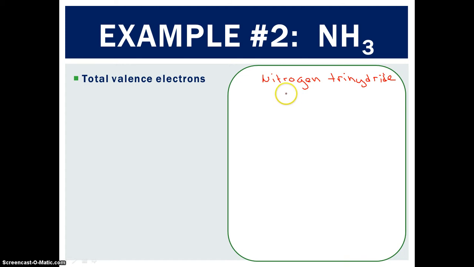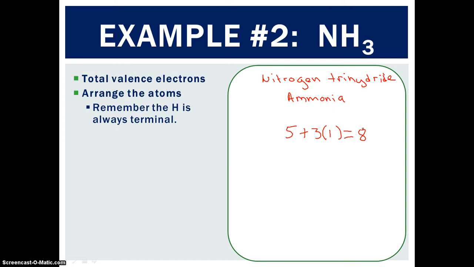Unfortunately, sometimes it's not always followed and other things have different names. You might also hear this called ammonia, like ammonium, but not an ion, ammonia. Alright, so I'm totaling up my valence electrons. Nitrogen has 5 valence electrons. I have 3 hydrogens. Each of them has 1 valence electron. That's 8 total valence electrons.